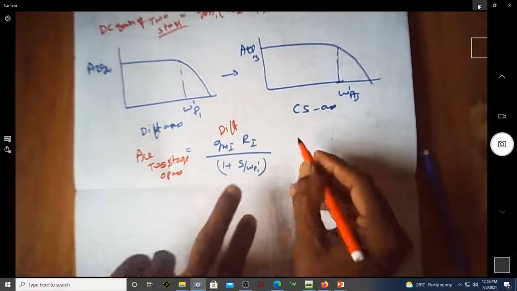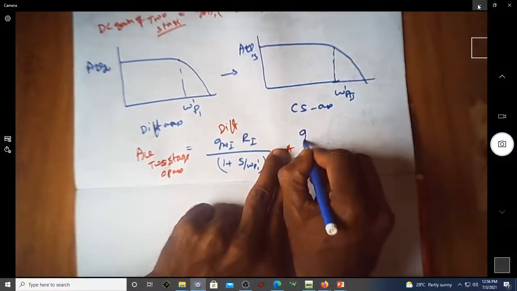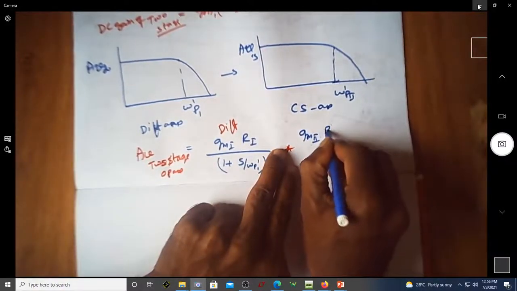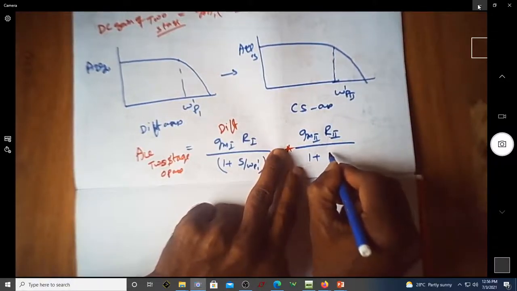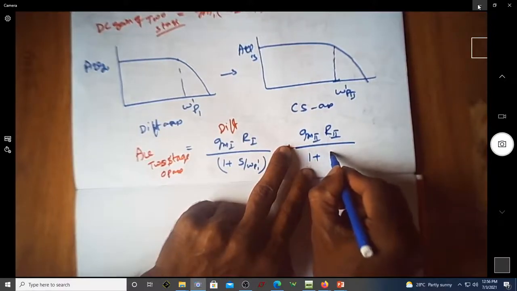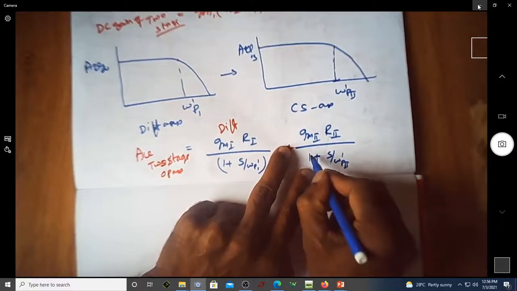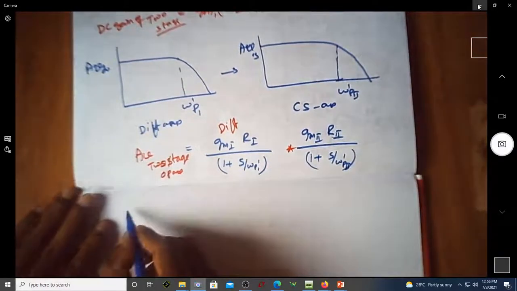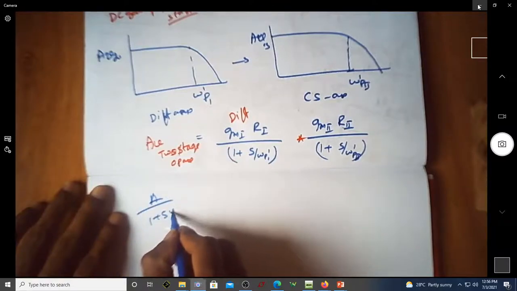So this is the differential amplifier followed by GM2 R2 divided by 1 plus S by omega P2 dash, where I'm writing it in time constant form. So we usually write it as some A by 1 plus S tau.